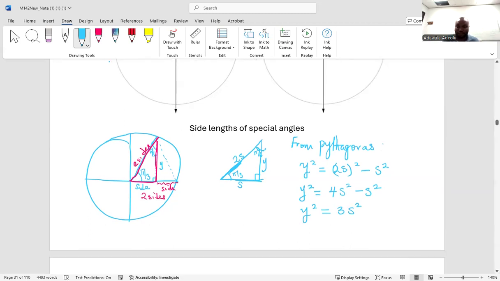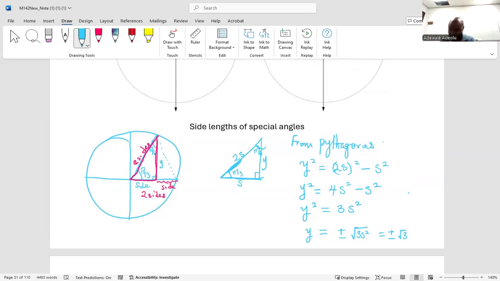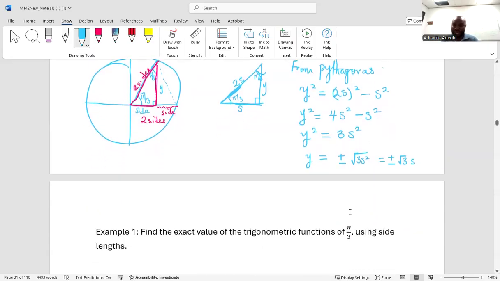If I take the square root on both sides, I will have y equals plus or minus root 3s squared, which is the same thing as plus or minus root 3 s. My answer here is y equals root 3 s, positive, since I'm dealing with the first quadrant.